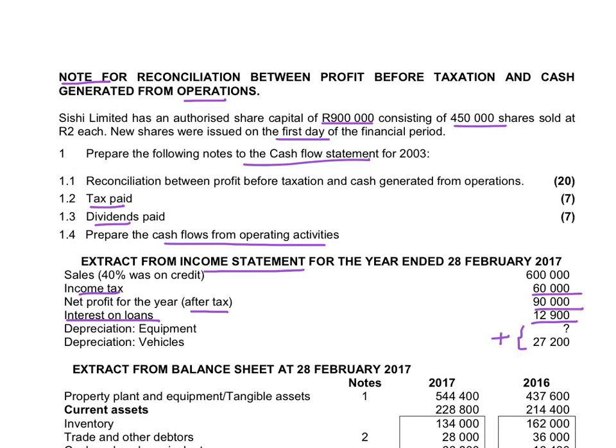So I'm only using my profit before tax as a stepping stone to say that is the profit between income and expenses, and then I will do reverse entries for depreciation because it didn't cause a flow of money, and for interest because it's shown separately on the cash flow statement.